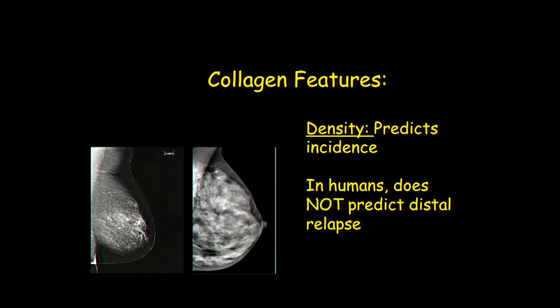By long-term outcome, I mean, are you going to get breast cancer again, or are you going to die from breast cancer? So breast density is very clearly linked to getting breast cancer in the first place. But the jury is still out about what its role is long-term. It doesn't seem to predict long-term relapse. In some studies, it actually predicts good long-term outcome. So we started thinking maybe the structure is what matters and not the amount.